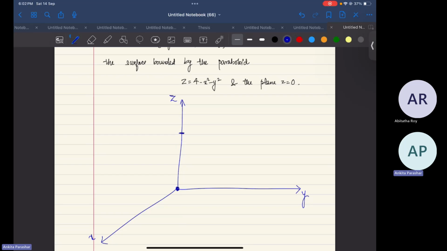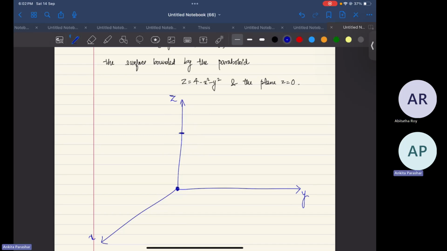It's written that it is a paraboloid. So how would you go? Would you go this way or would you go this way? It will go lower, because when x and y are increasing from 0, the value of z is decreasing. That means the circles open below z equal to 4.